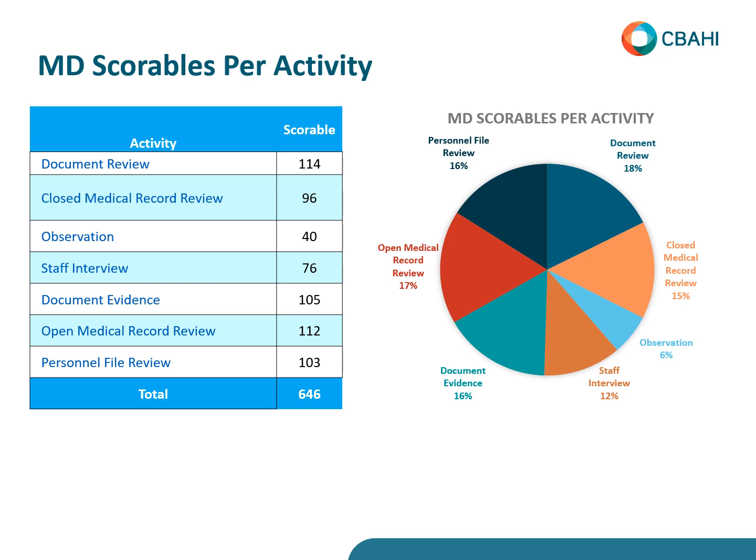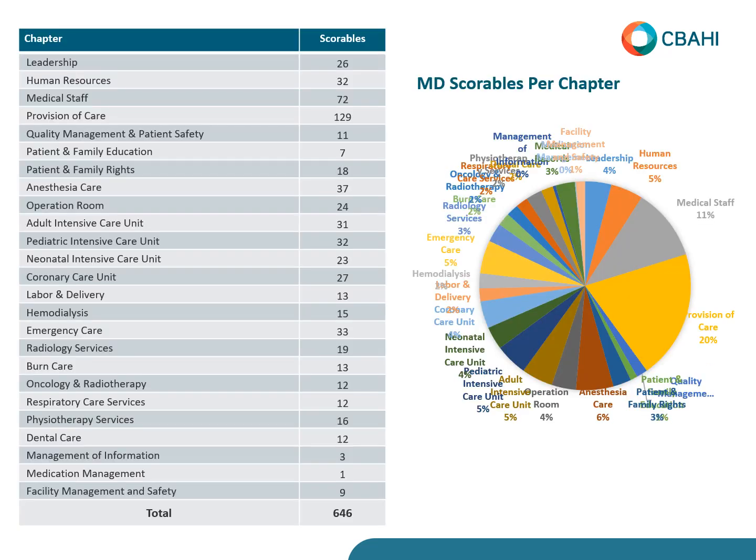The MD chapter necessitates scoring 114 scorable standards from document review, 96 from closed medical record review, 40 from observation, 76 from staff interview, 105 from document evidence, 112 from open medical record review, and 103 from personnel file review.